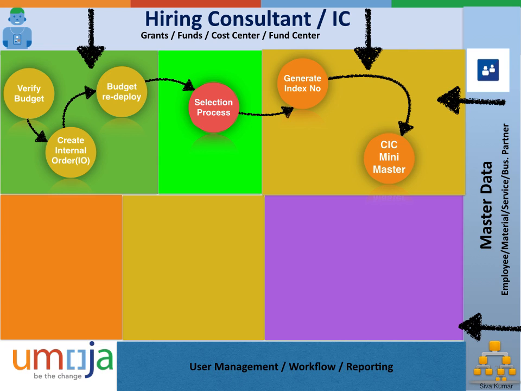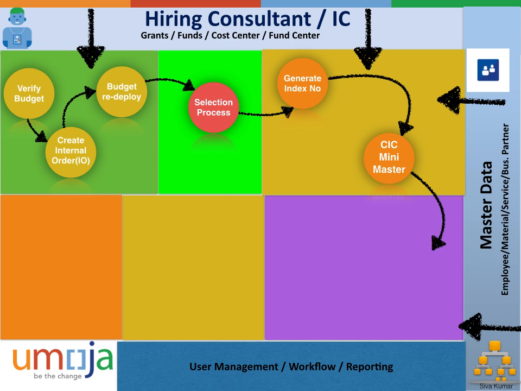So you go through the process of generating the index number and also creating a small HR mini master. The reason for creating the HR mini master is that the completion of the HR mini master data creates other master data called business partner, so that in the later process you will be able to pay the consultant after he or she completes their services.